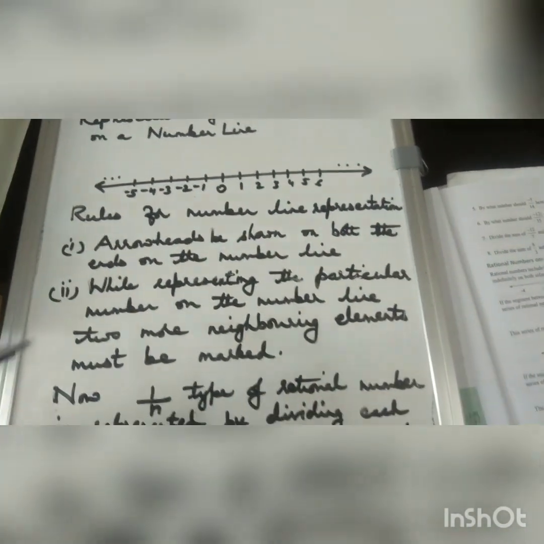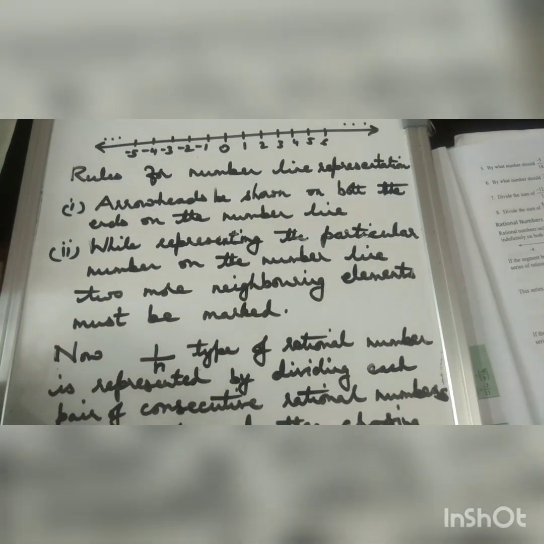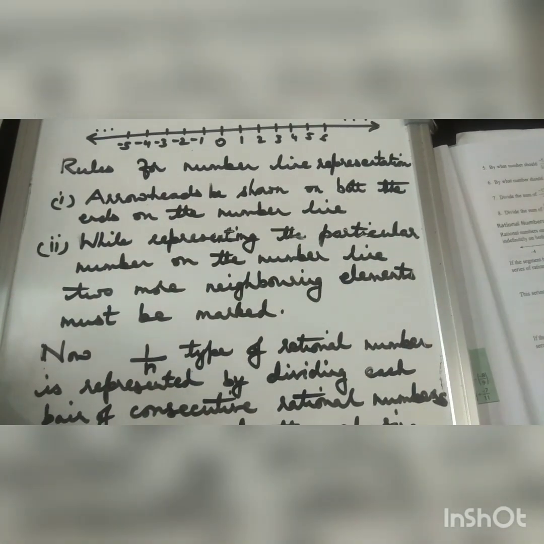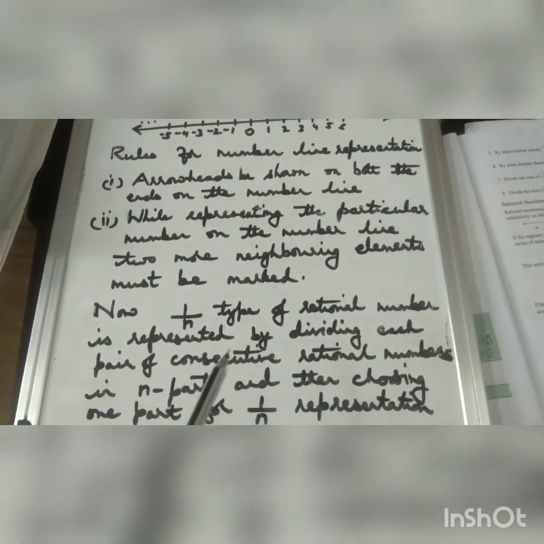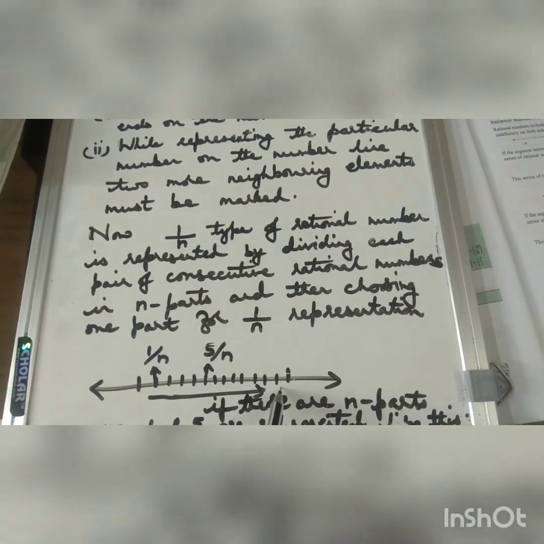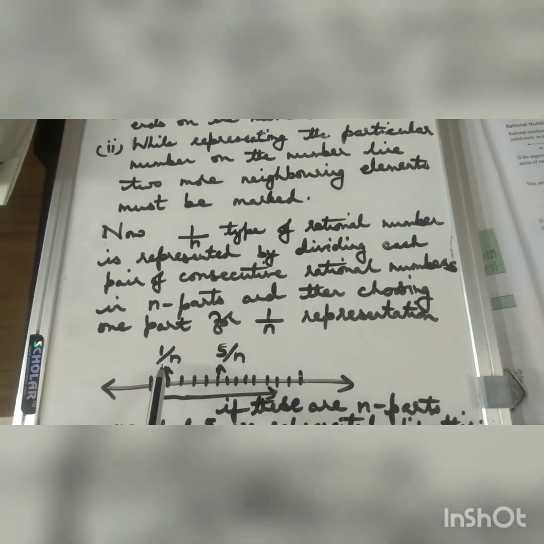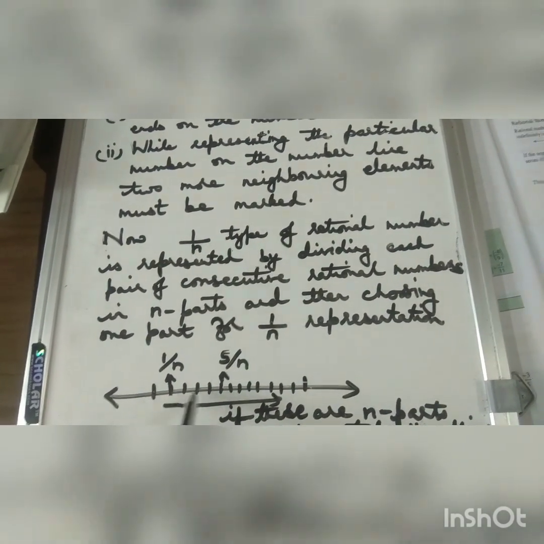Now, how to represent 1 by n type of rational number? What we do is we divide the portion of the number line between two consecutive numbers, from here to here, into n equal parts. And if it is 1 by n, you will be writing 1 by n. If it is 5 by n, count 5.